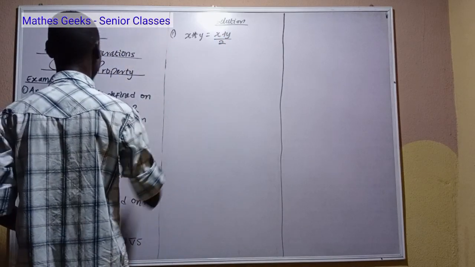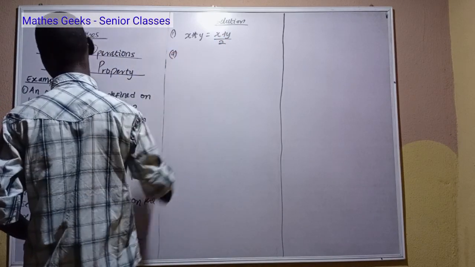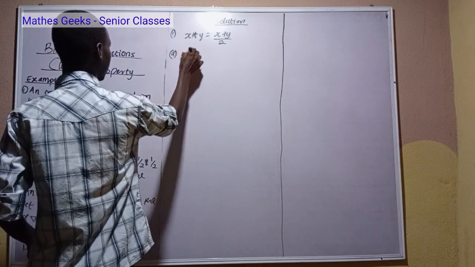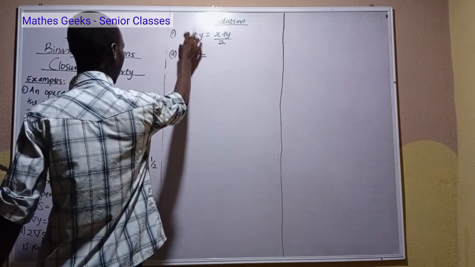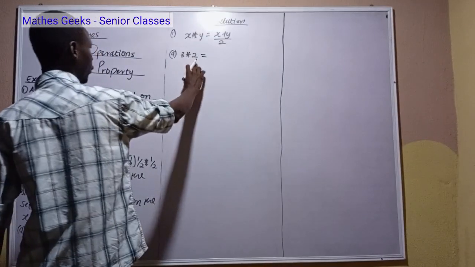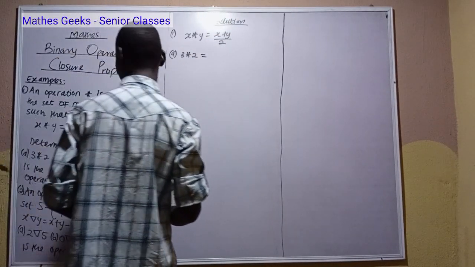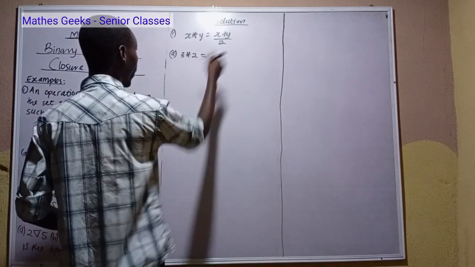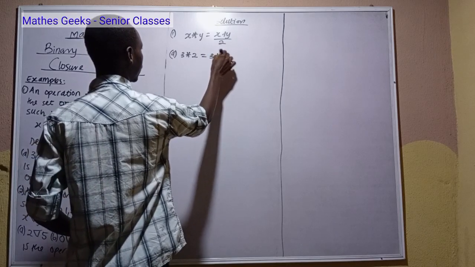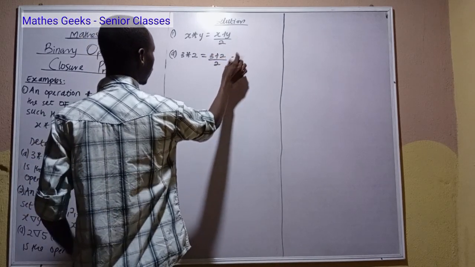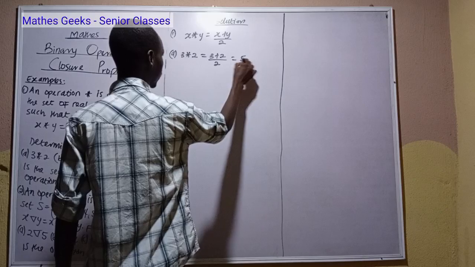Next, we determine 3 star 2. So our x is 3 and our y is 2. So that's what we put in each of these letters. 3 plus 2 over 2. 3 plus 2 is 5, over 2.